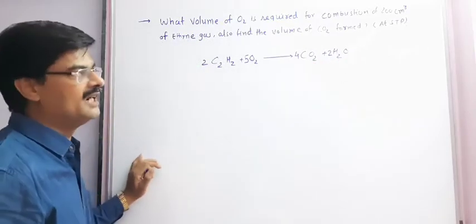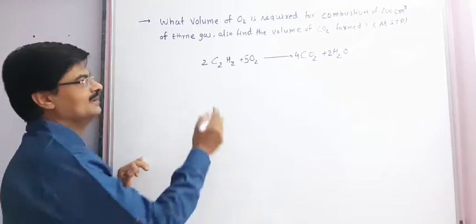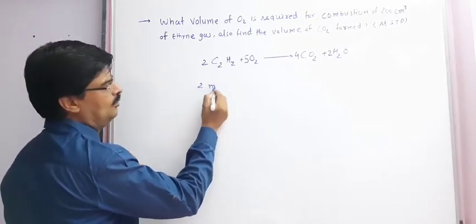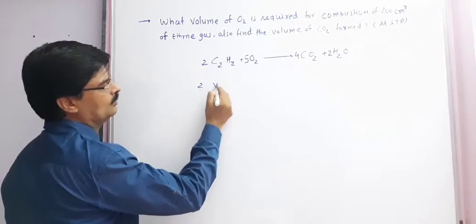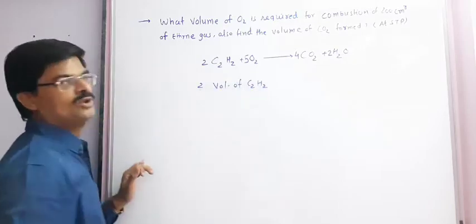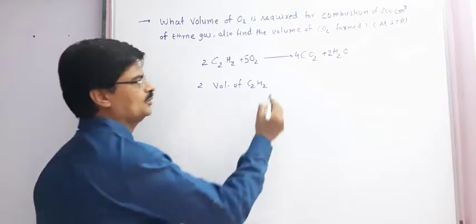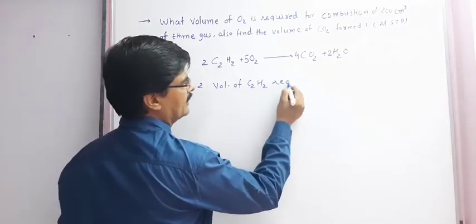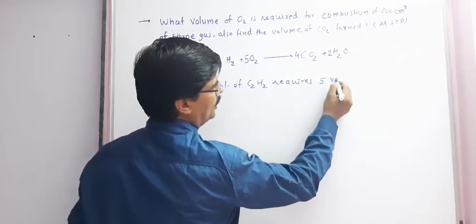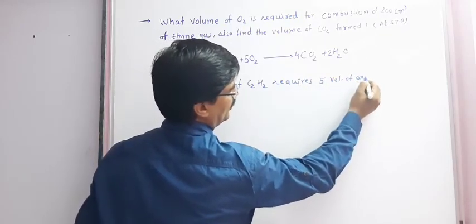So this is a balanced chemical equation. Now first calculation we will understand. 2 moles means 2 volume of C2H2. 2 volume of C2H2 requires 5 volume of oxygen.